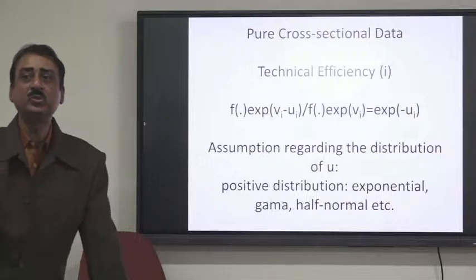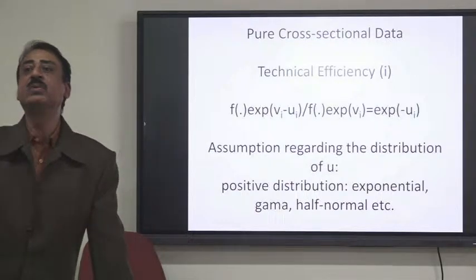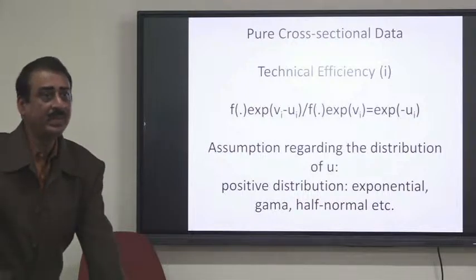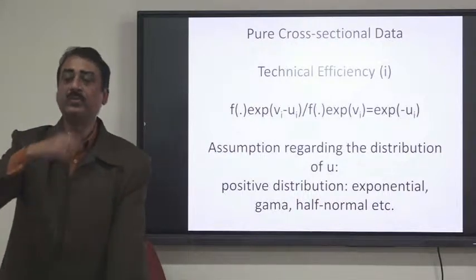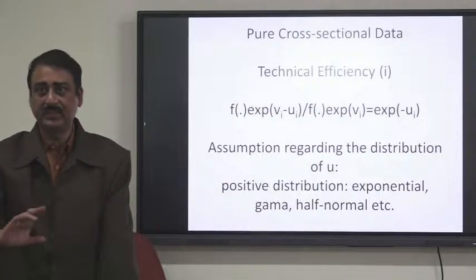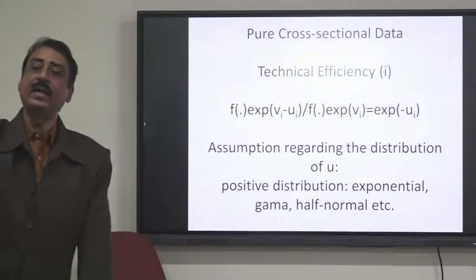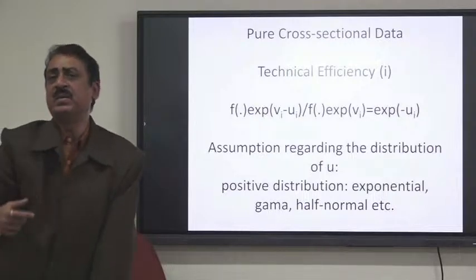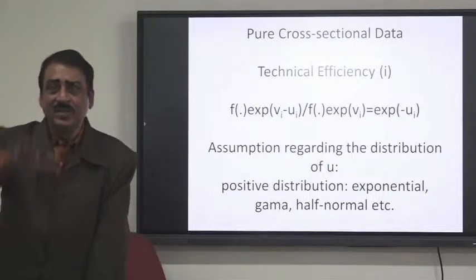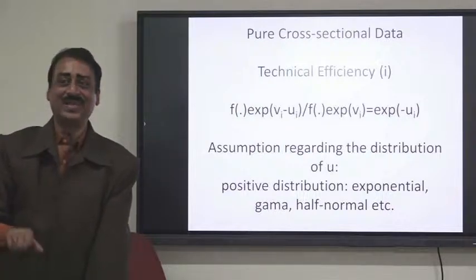That means whether you are choosing half normal and I am choosing exponential, our relative ranking will remain the same. Maybe our magnitudes are different. One would say you are 90% efficient, I am 80% efficient. When I am using another distribution, it would show you are 91% efficient and I am maybe 79% efficient. Ranking is the same. You are still the top. I am below that.